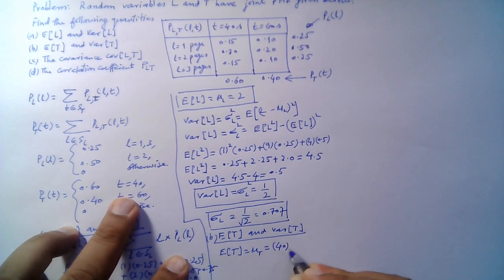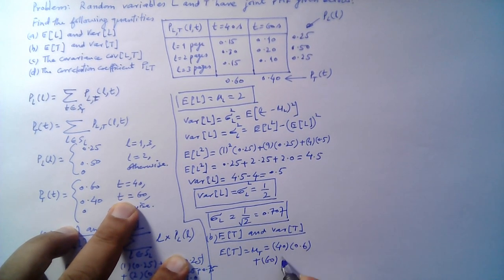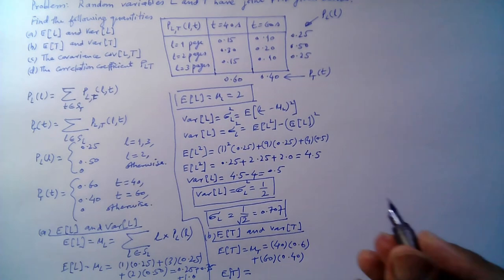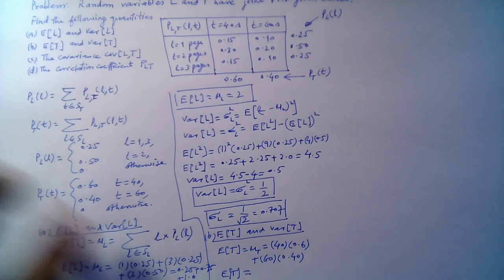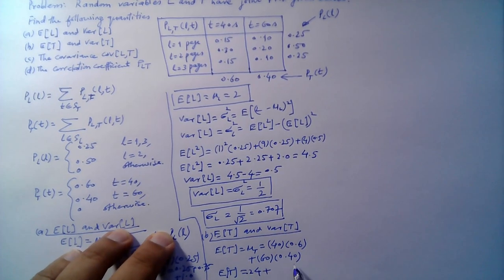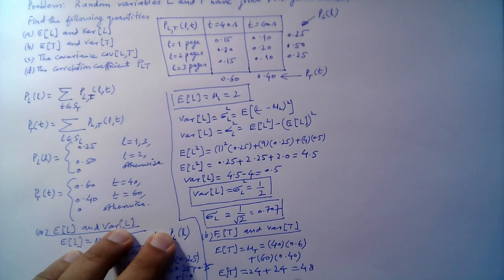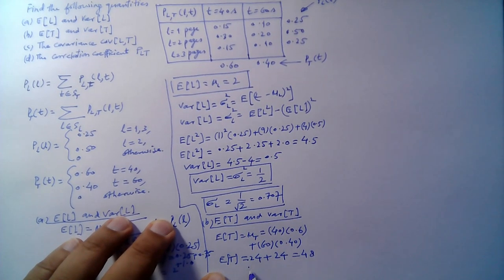So 40 multiplied by 0.6, plus 60 multiplied by the probability value 0.40, and then we add them together. 40 multiplied by 0.6 is 24, and 60 multiplied by 0.40 is again 24, so that is 48. So the expected value of t is 48, right?